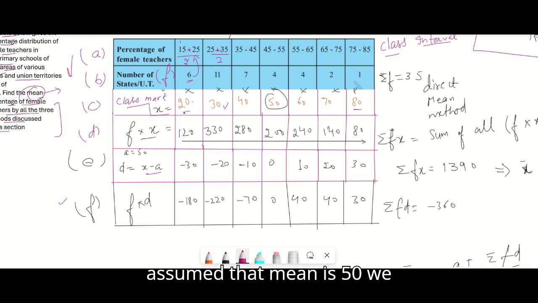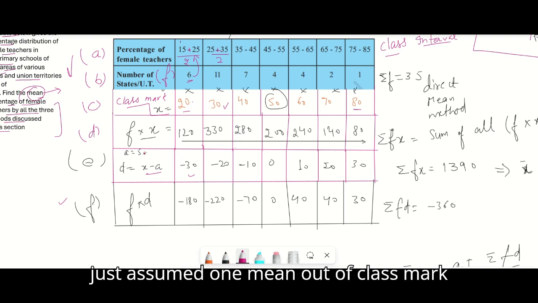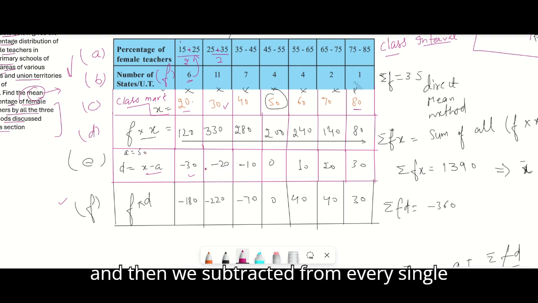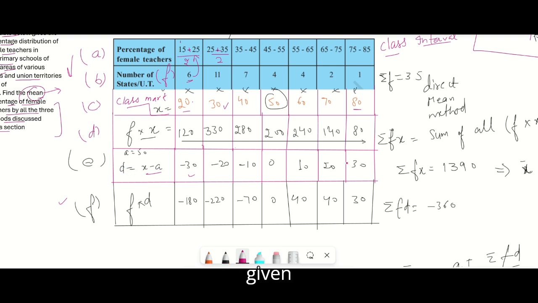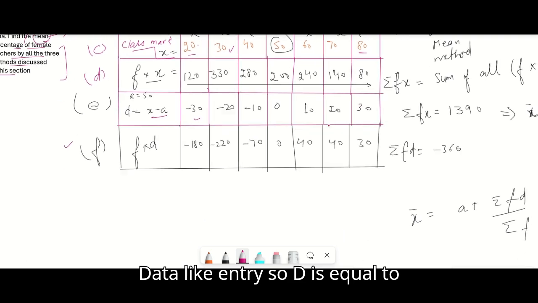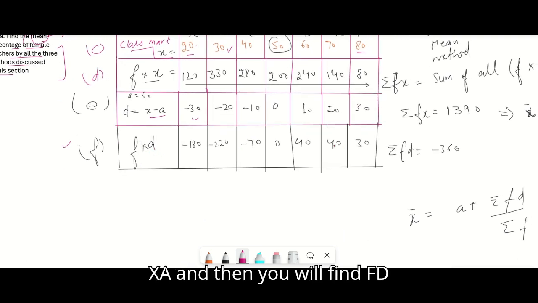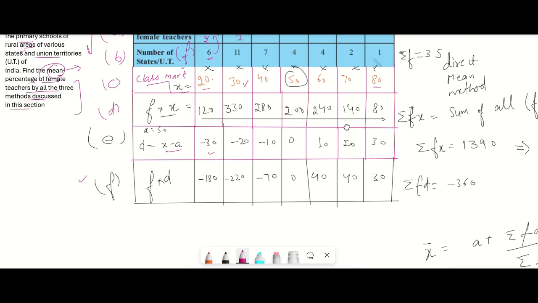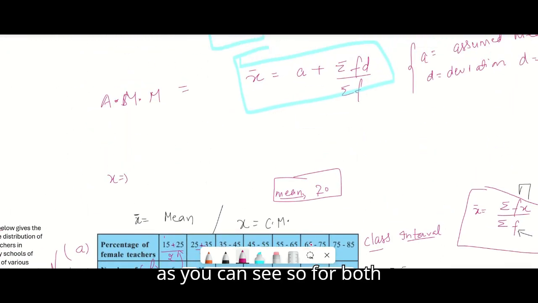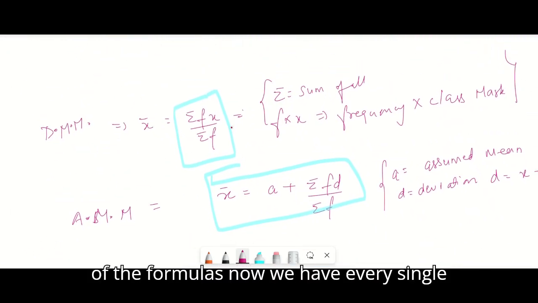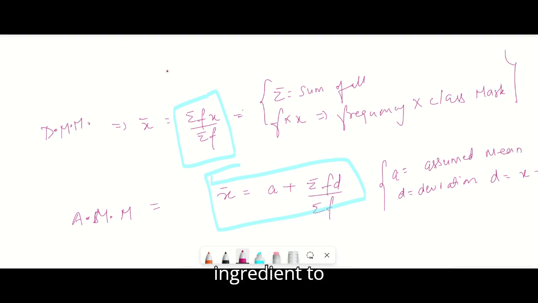We have assumed that the mean is 50. We just assume one mean out of the class marks, and then we subtract it from every single entry. So d is equal to x minus a, and then you will find fd, as you can see. For both formulas, now we have every single ingredient to solve them.